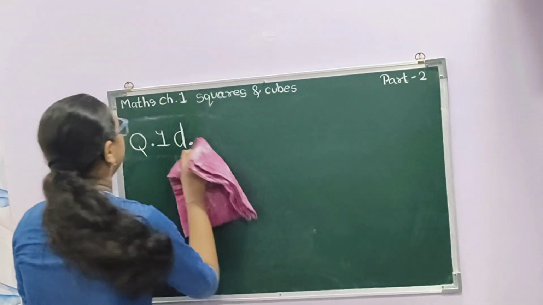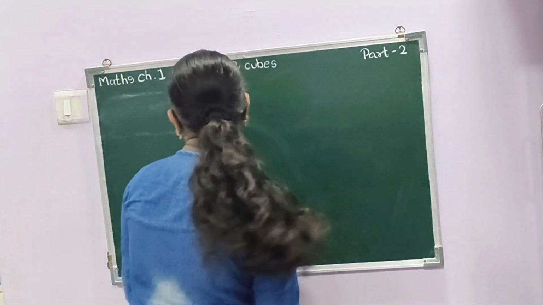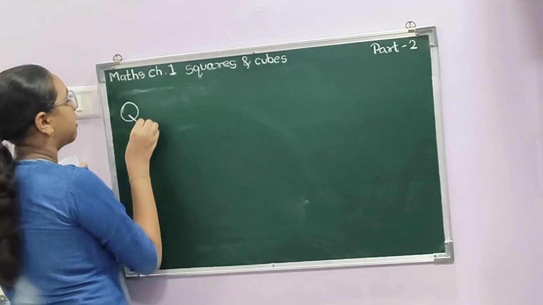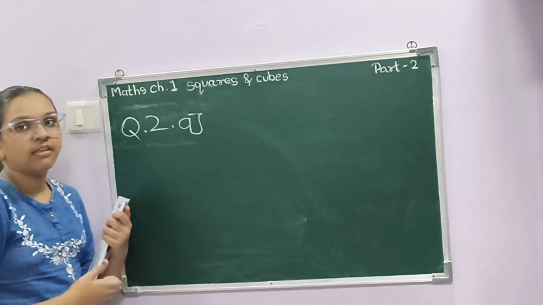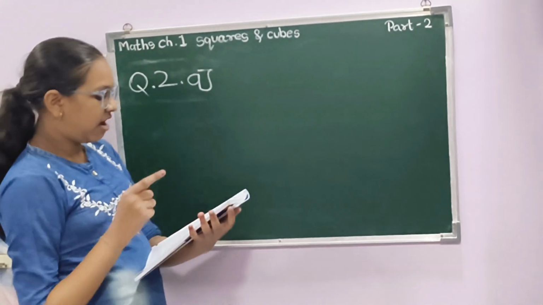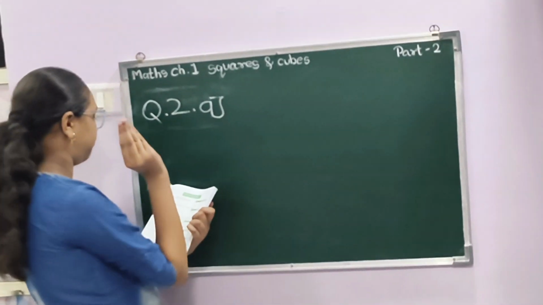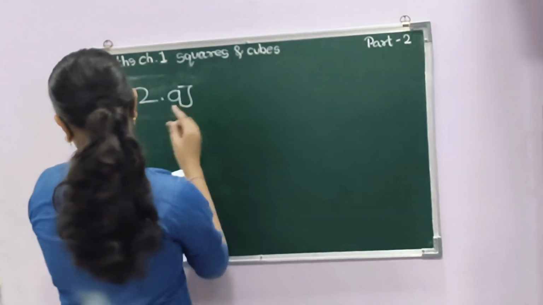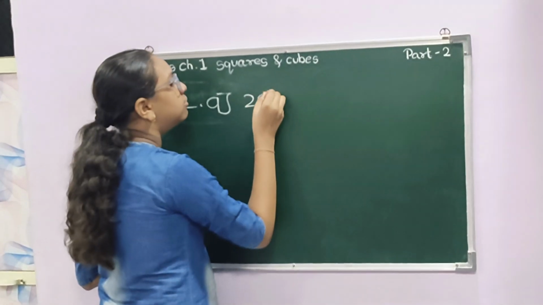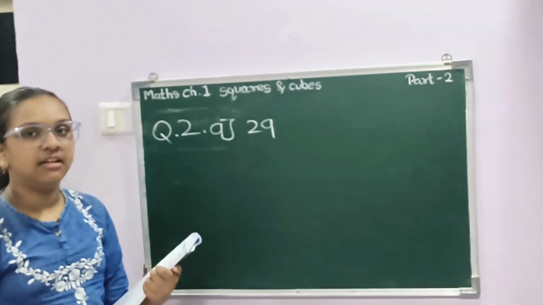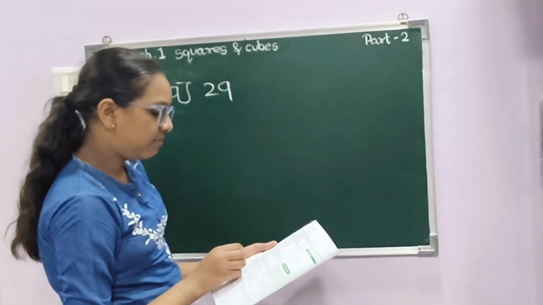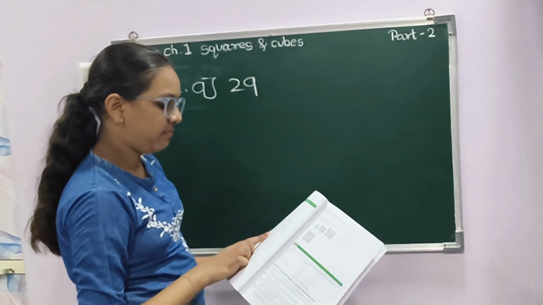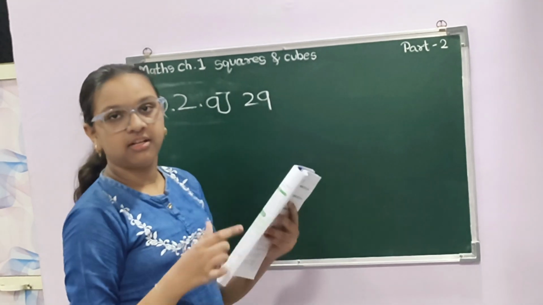Okay, now question number 2. So now we will solve question number A of question number 2, 29. So for finding this, we have also one method given on page number 13 of your books, Go Easy.